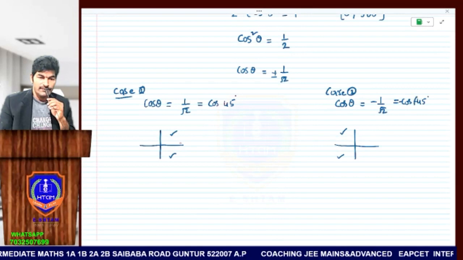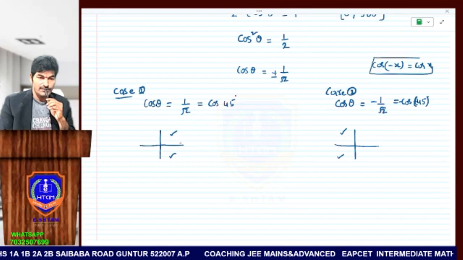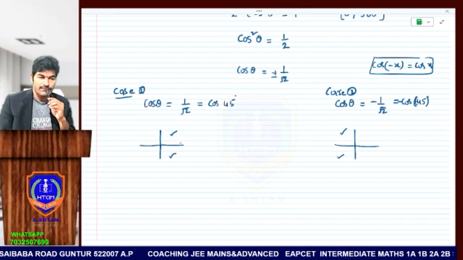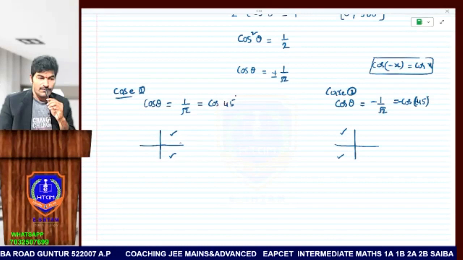I should not write minus cos 45, because cos of minus x is cos x. Cos of minus x is cos x only, it is an even function. So that's why you have to take the negative before the cos function as a coefficient. Now we will fix the second and third quadrant, and define the angles in those particular quadrants.